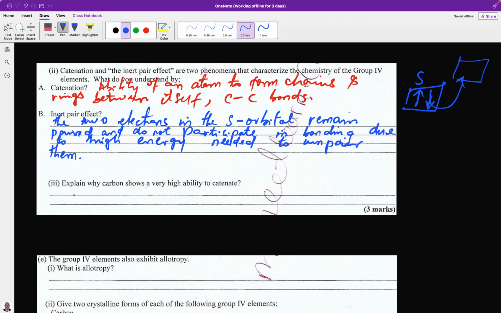The simple explanation is that the ability of carbon to catenate is because of its small size, which makes the carbon-carbon bonds very strong.